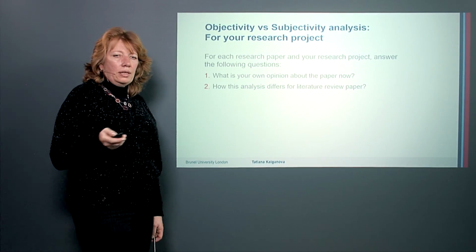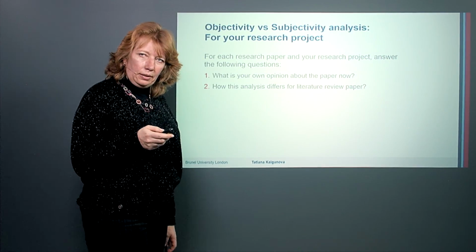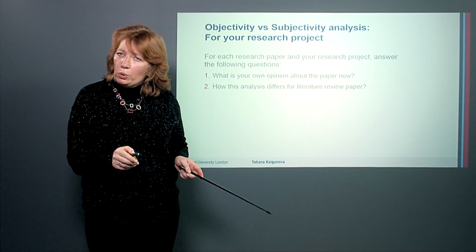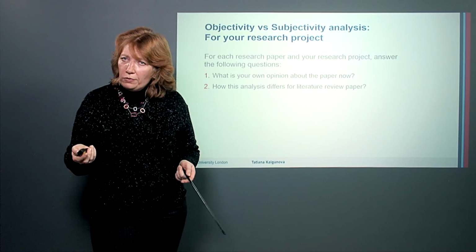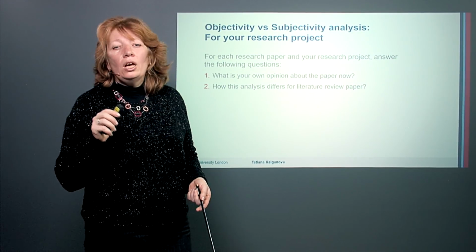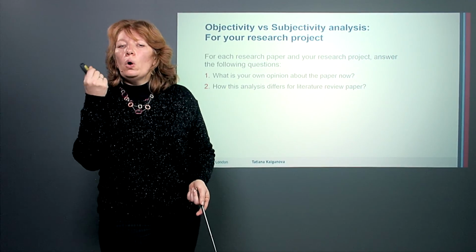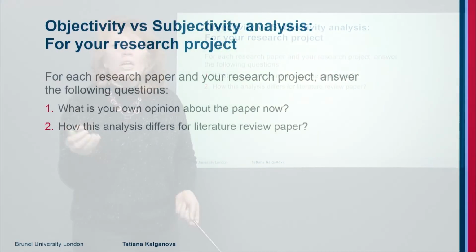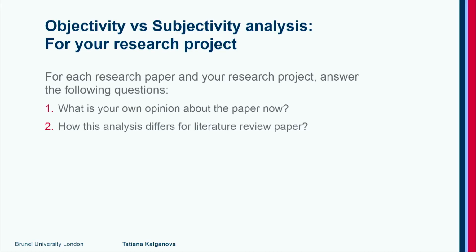Now, when you started to look at this analysis, and you've hopefully already done the analysis of all these 4 papers, have you noticed that you started to generate your own opinion about the papers? You start to clearly say what is good and what is bad about a paper from a methodological point of view.